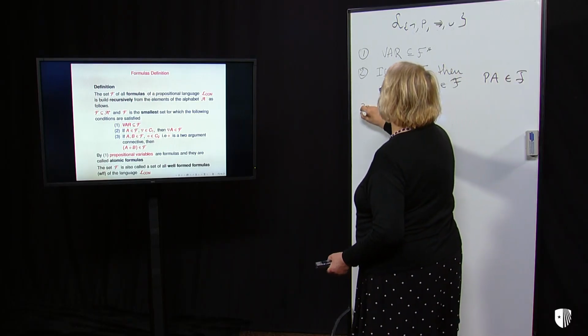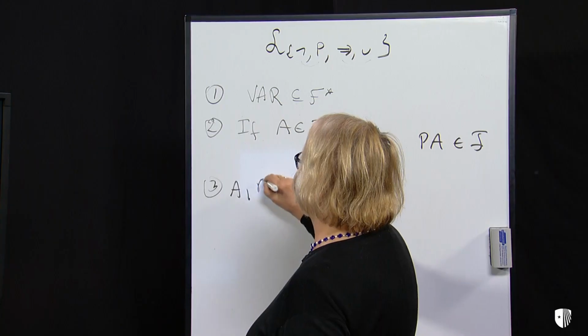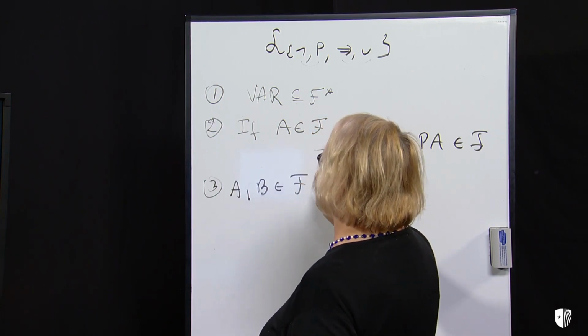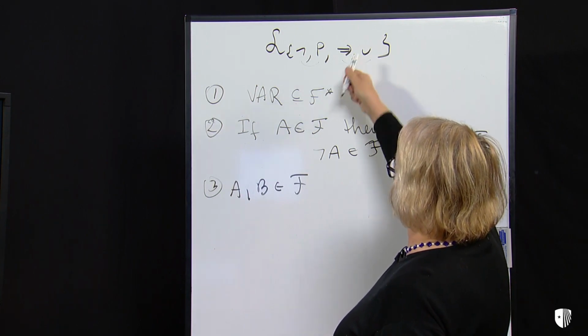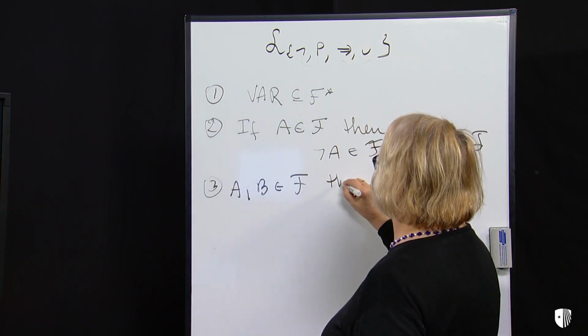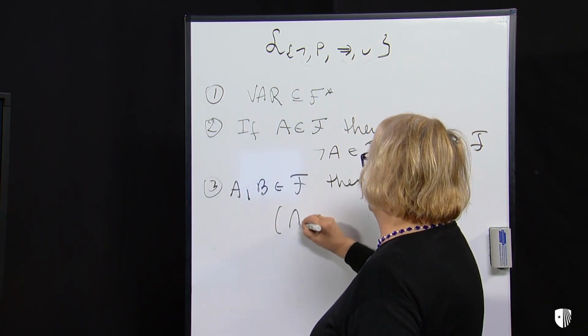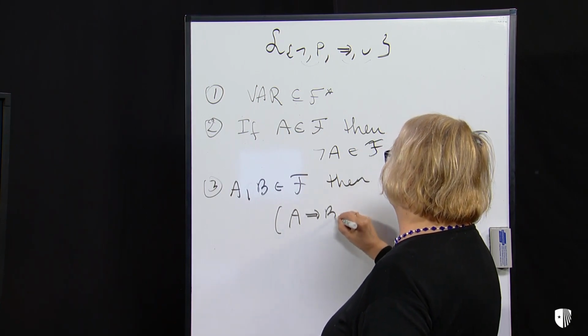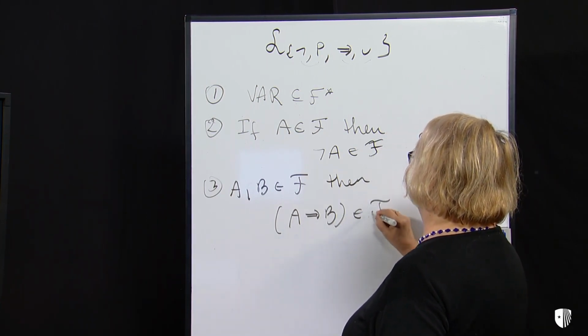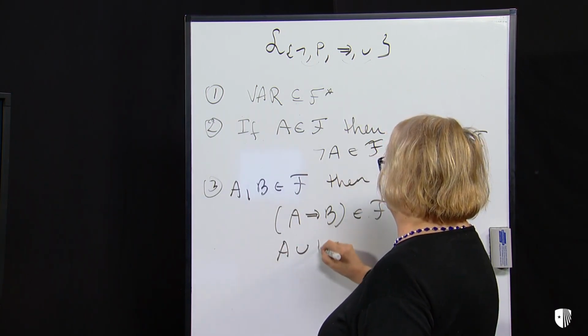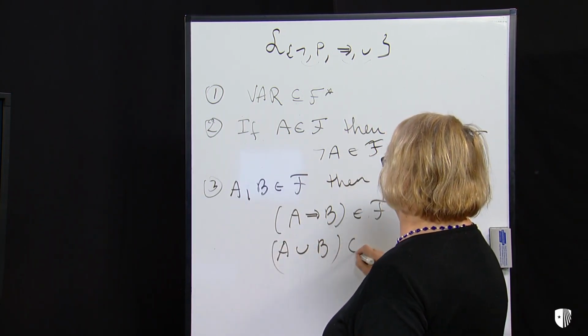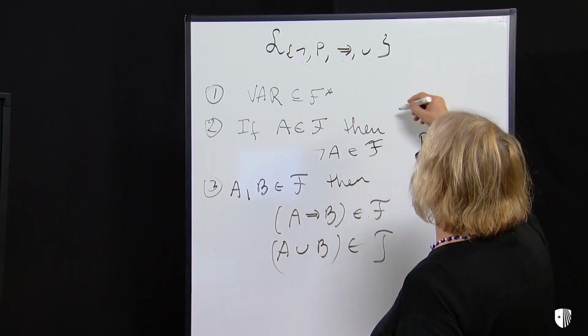And third, if you have two formulas, and this is a binary connective, then A implies B is a formula and (A, B) is a formula.